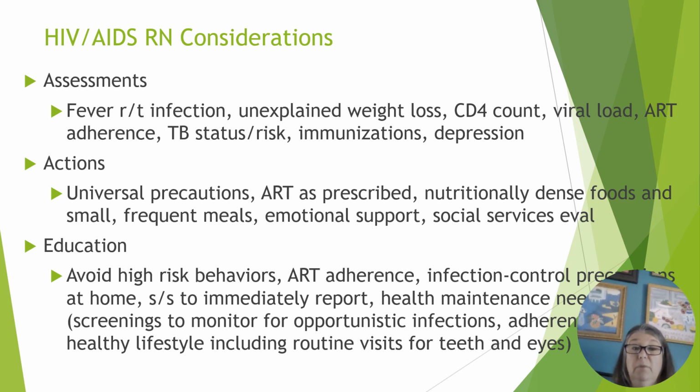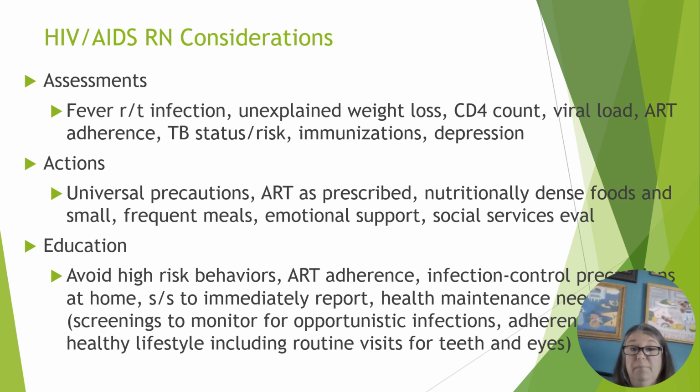We want to talk about emotional support. These people may be worried about dying, right? Progression to AIDS, and AIDS is not pretty. It is a sad, sad death. So, that, again, psychosocial, social services, maybe, support groups, anything like that.